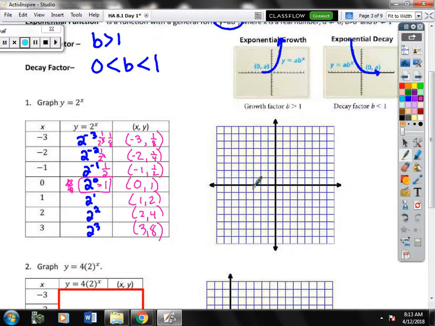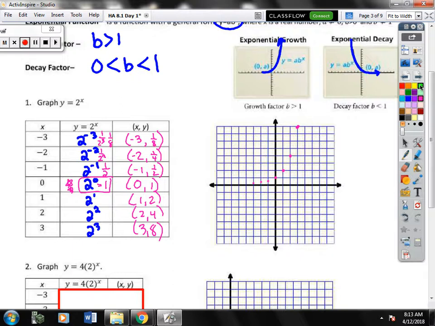So -3, and again, it's going to be hard to graph 1/8, but try. And then we are going to connect the dots with a curve.